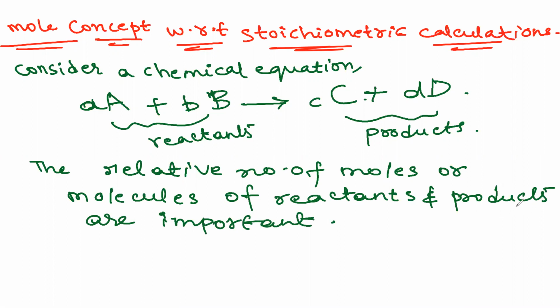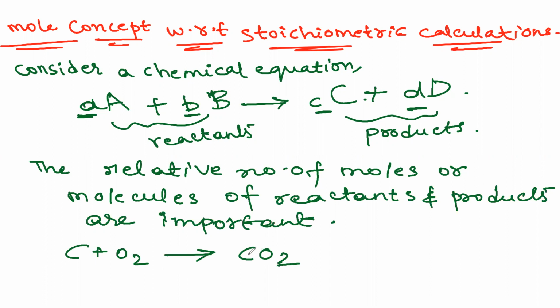Mole concept with respect to stoichiometric calculations. So how to apply the concept? For example, consider one equation directly: C plus O2 gives rise to carbon dioxide gas.